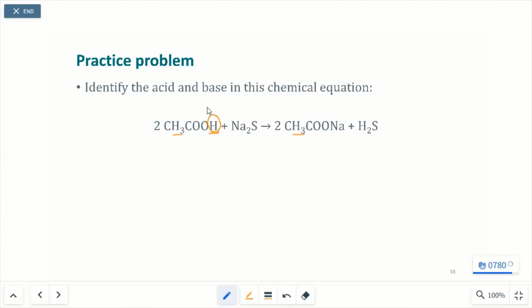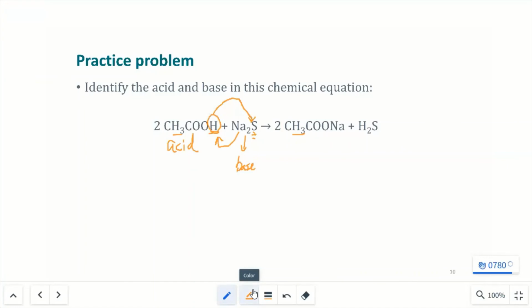And we can see that this hydrogen has left and been replaced by sodium. So this is a double replacement reaction. The substance that has lost hydrogen is this. This is acetic acid. So we would identify this as the acid. The substance that has gained the hydrogen specifically is the sulfur. So that would mean that the sodium sulfide is our base under the Bronsted definitions.